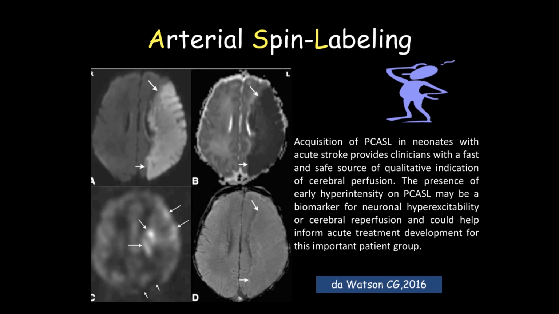In neonates with acute stroke, it's very important because it provides clinicians with a fast and safe source of information. The presence of this early hyperintensity we can see in C may be a biomarker for neuronal hyperexcitability or cerebral reperfusion, and this is very important in order to plan a therapy for these neonates.